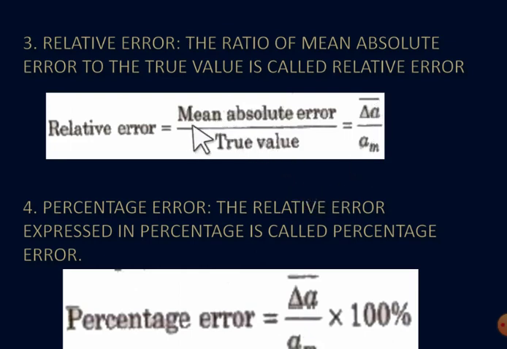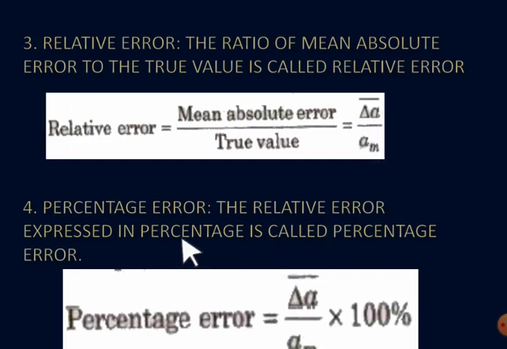So your relative error is defined as the ratio of the mean absolute error to the true value of the measured quantity, and it is expressed as delta A bar divided by A m. A m is taken as the true value, that means the mean of all those observations, or you can say measured values. The mean of all the measured values, we call that A mean or true value, right?